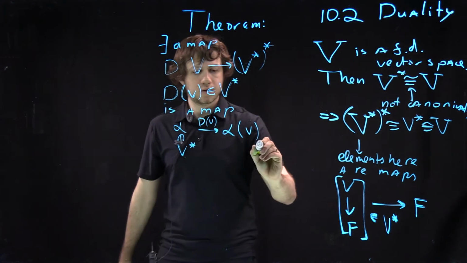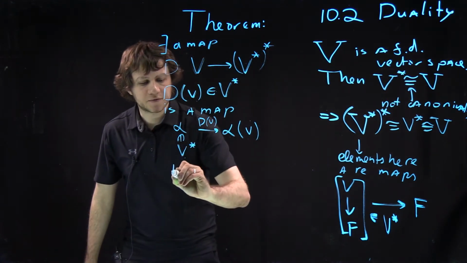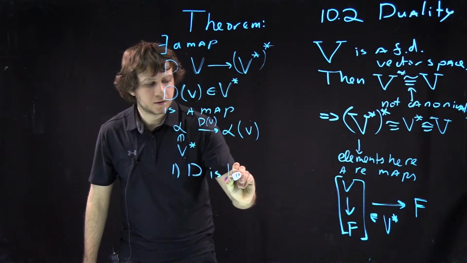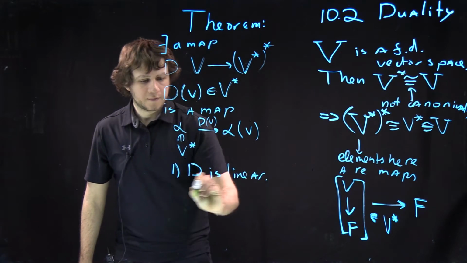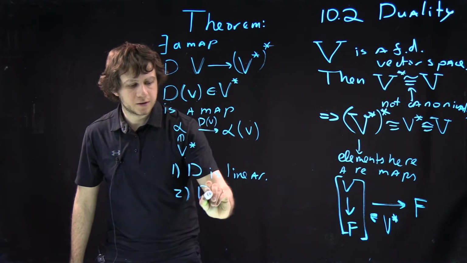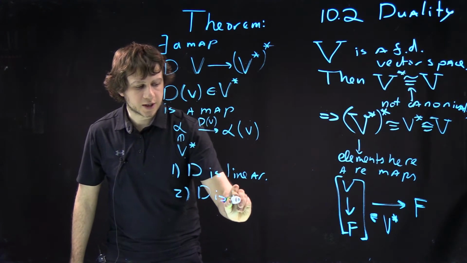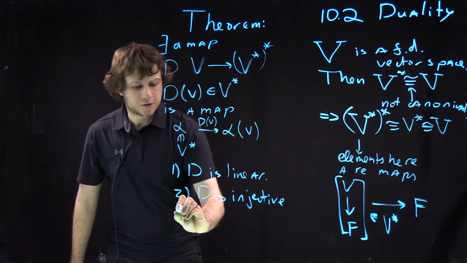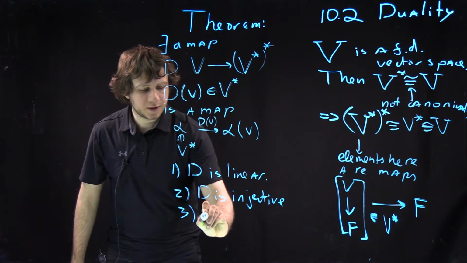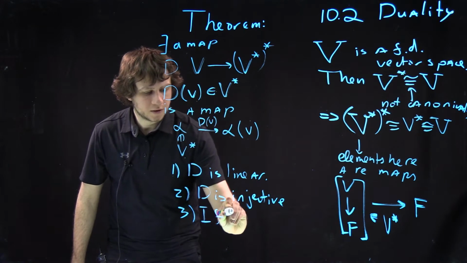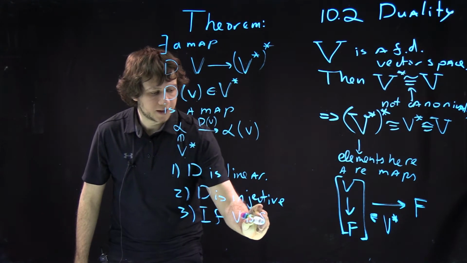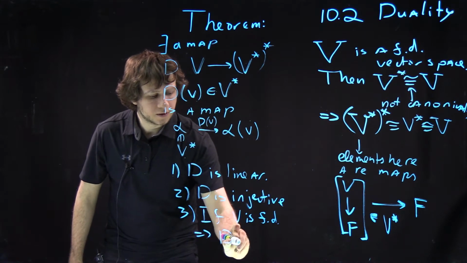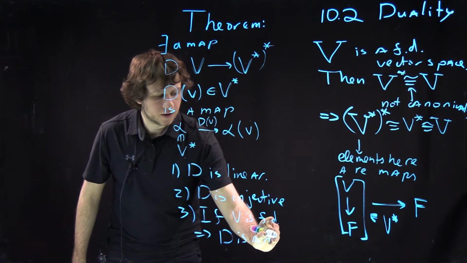Then the statement is that first, D is linear. Second, D is injective. And third, if V is finite dimensional, then D is an isomorphism.